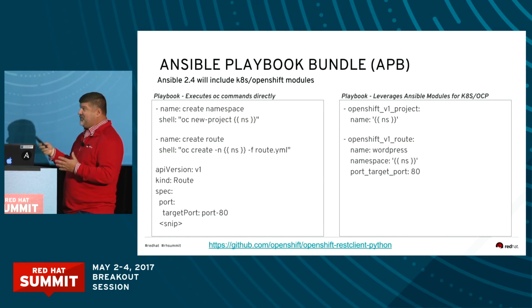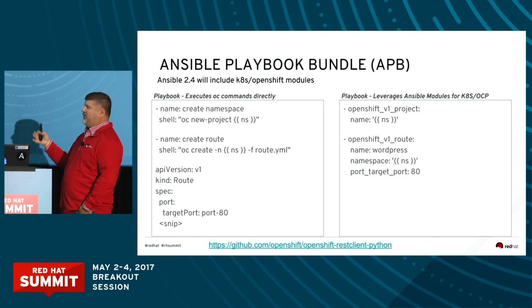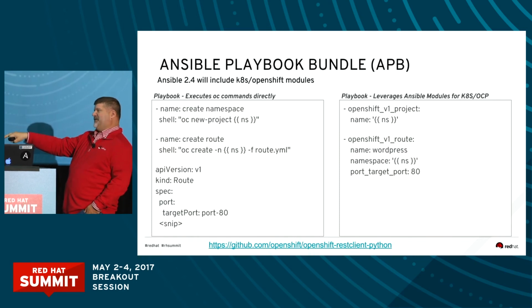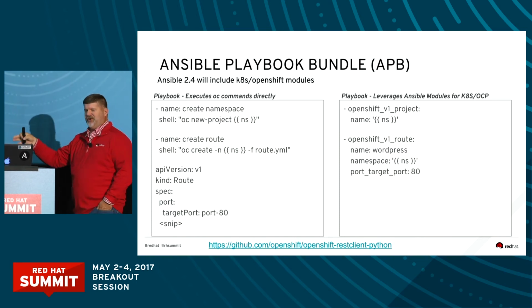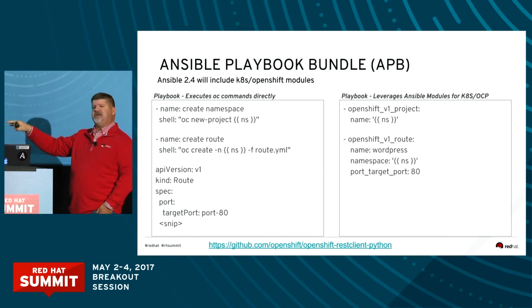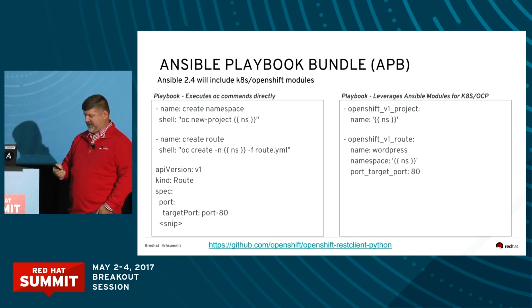It's fairly similar in terms of the code, but there's a whole lot more power with the Ansible module. I've also added a link at the bottom that points to that GitHub repo. I think these slides will be available for everybody afterwards, but that'll allow you to take a look and see what's going on in that space around developing these modules.